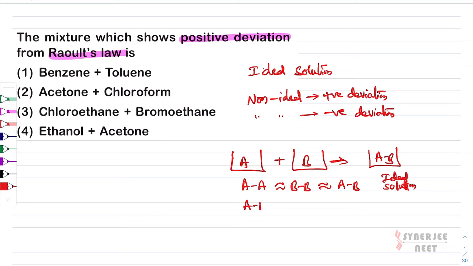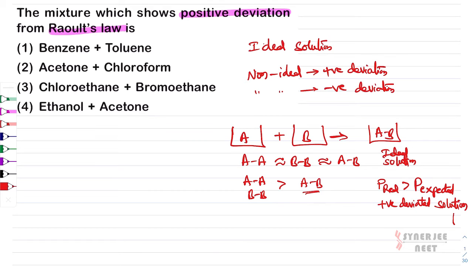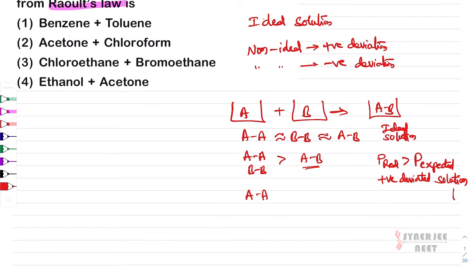Suppose AA interactions or BB interactions are stronger than AB interactions, then what happens? Many A and B molecules will escape from the mixture. Therefore, here the real pressure will be more than the expected pressure. It is called a positive deviated solution. And suppose AA interactions and BB interactions are weaker than AB interactions, then since AB interactions are strong, more molecules will remain in the liquid state.